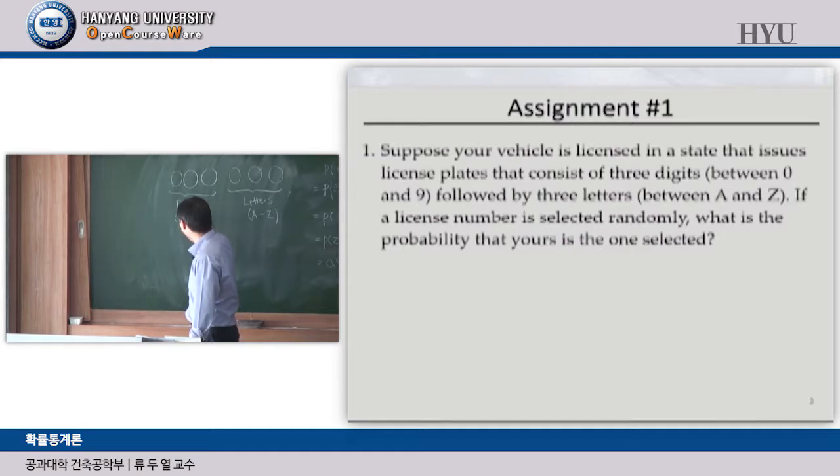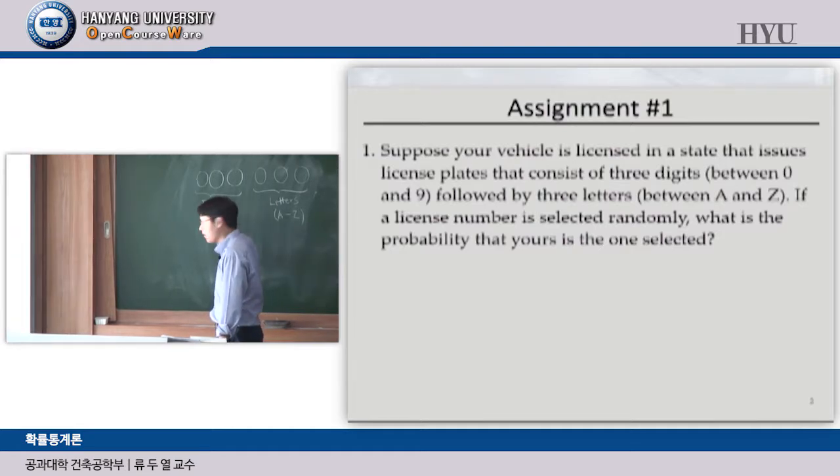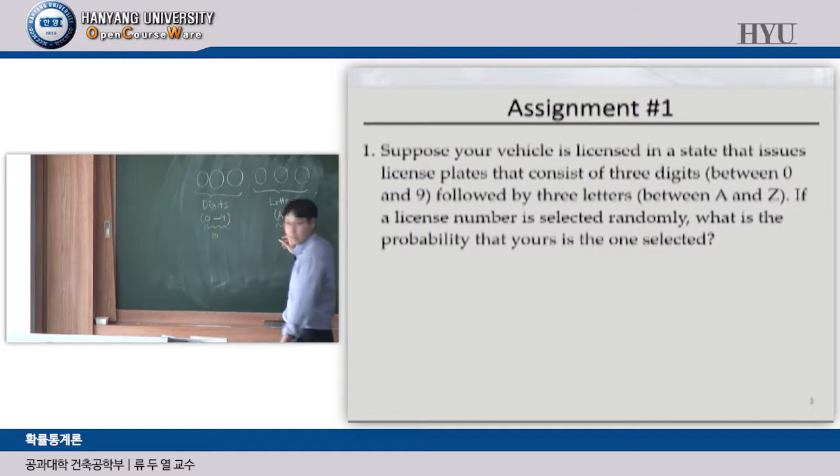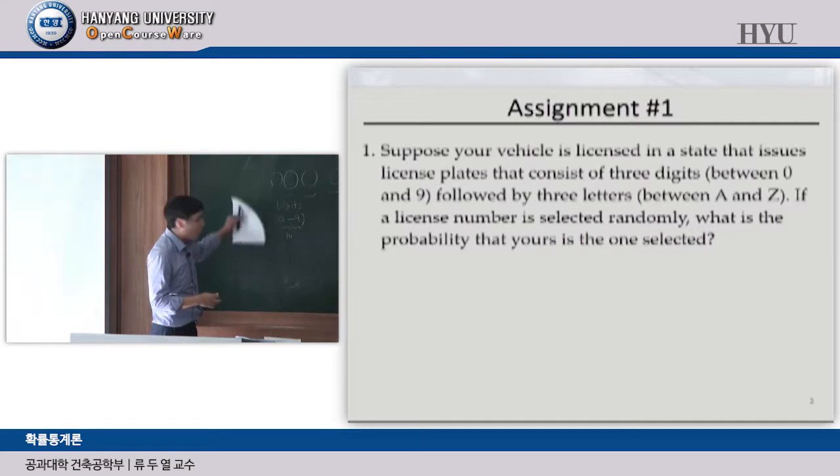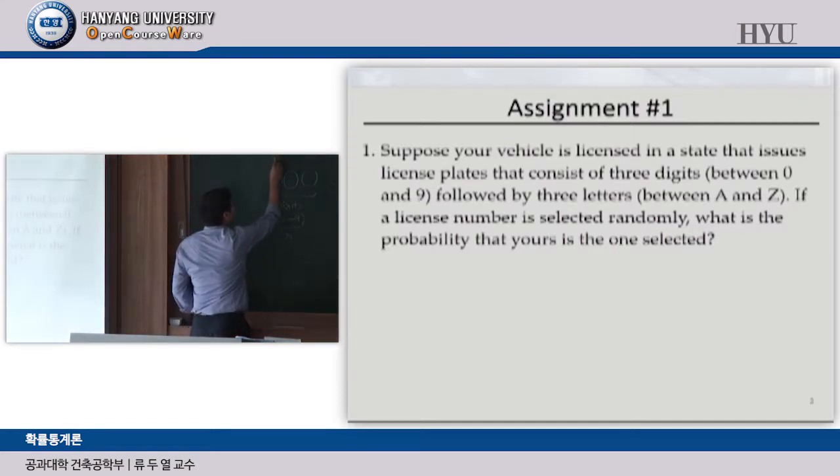The total number of digits here is 10, and the total letters here is 26. So the probability of selecting the first digit will be 1 over 10, right?